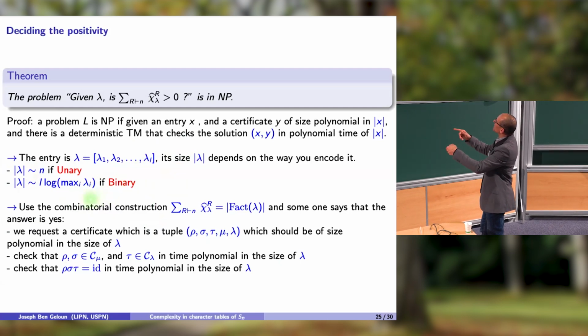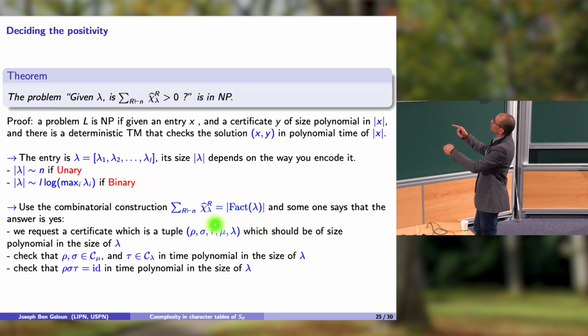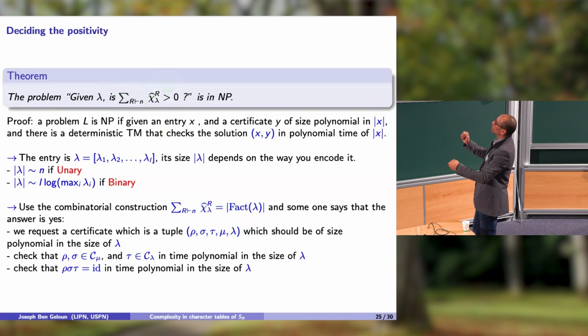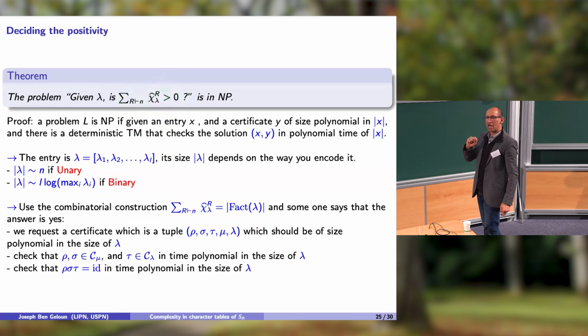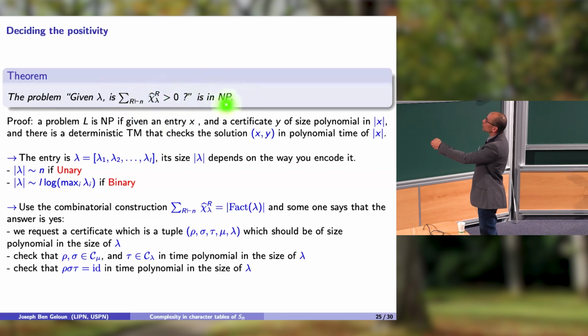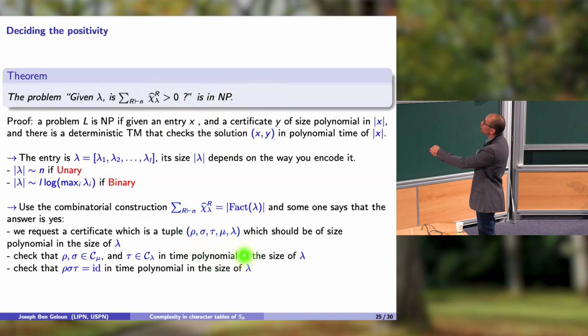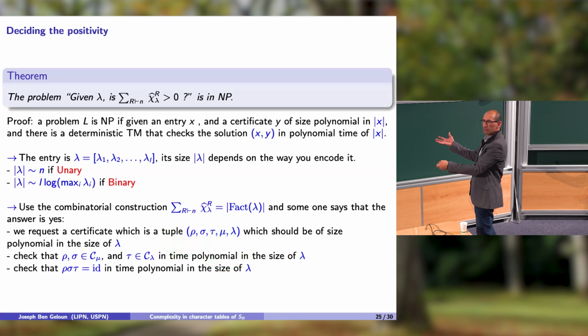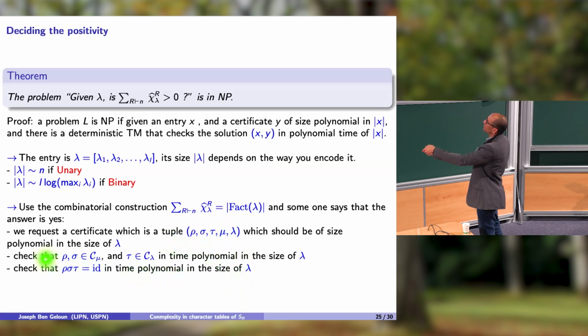So you want to use that construction that we had before to check if this is positive. If somebody says, yes, I know that this is positive, I ask him, give me your certificate. The certificate here is a triple of permutations, and two partitions, such that this triple of permutations satisfies some properties: rho and sigma should belong to C mu, tau should belong to C lambda, and you have to check that in polynomial time in the size of lambda.